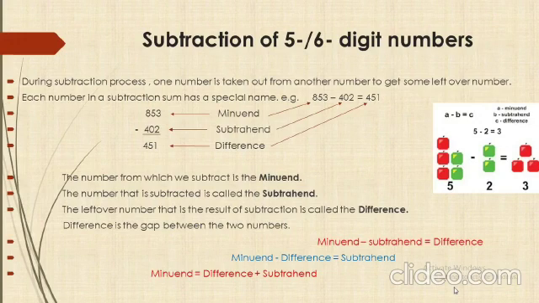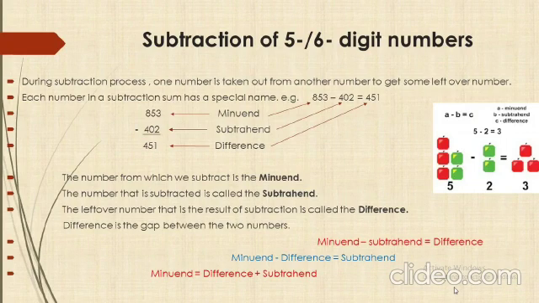the subtraction. So, the number from which we subtract is the minuend. The number that is subtracted is called the subtrahend. The leftover number, that is the result of subtraction, is called the difference. You can also say that this difference is the gap between the two numbers, that is minuend and subtrahend.